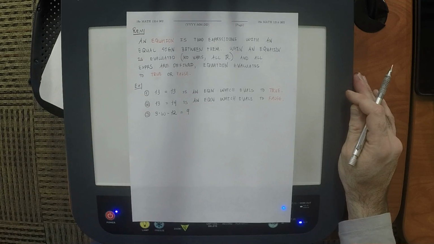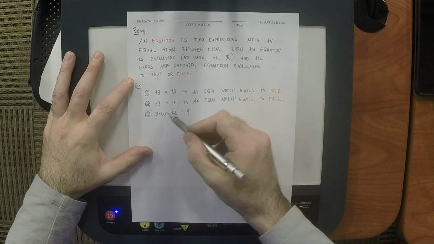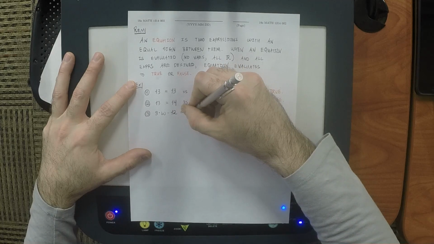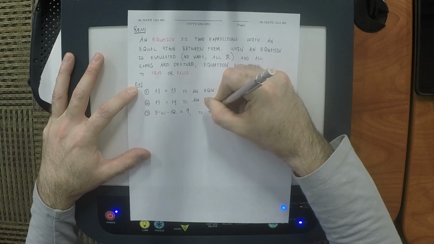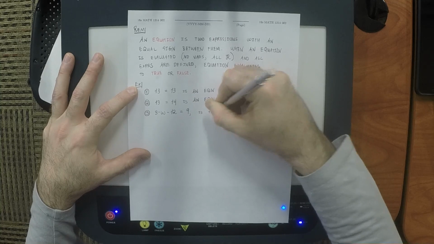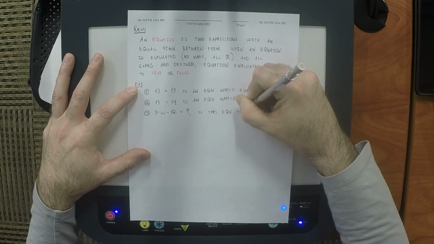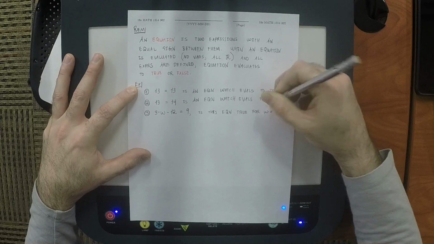It's just not a correct statement. So I could change it to the following: is this equation true for W equal to 10?